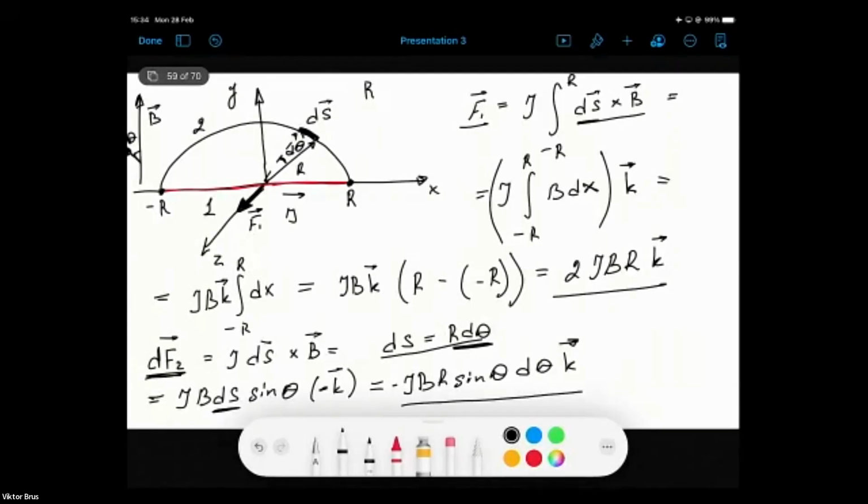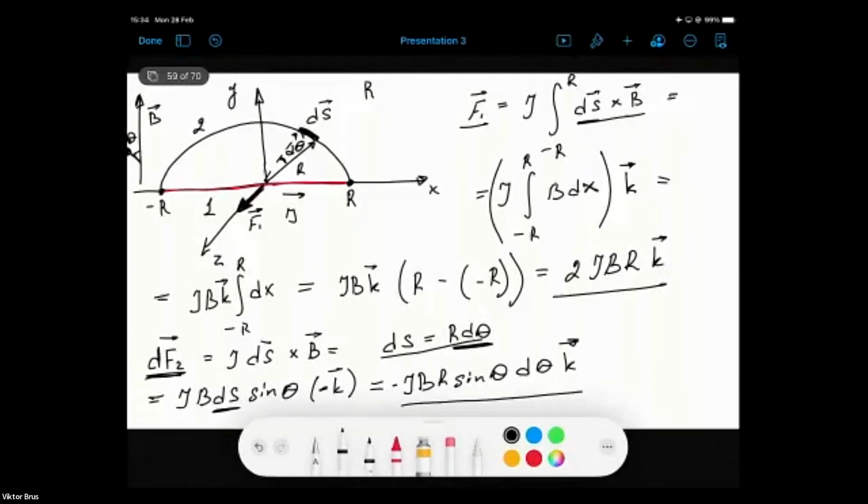I'm sorry, shouldn't it be from minus pi over 2 to pi over 2? Since it's the angle between b vector and f vector. Yeah, you can also do that, but it's just a matter of our choice where we start to count. The most important thing is that the difference between initial and final point should be pi.